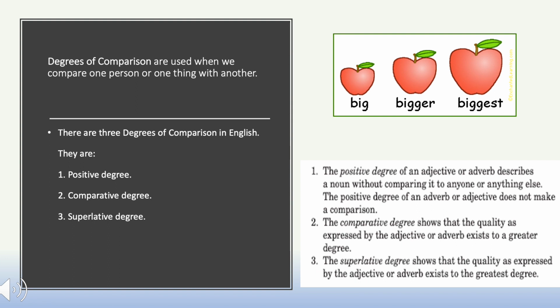The comparative degree of an adjective denotes a higher degree of the quality than the positive. And we use the comparative degree when two things or two objects or two people are compared. The superlative degree of an adjective denotes the highest degree of that particular quality, and it is used when more than two things or many things are being compared.